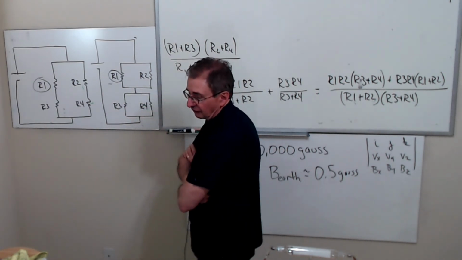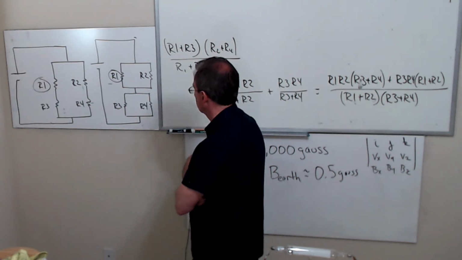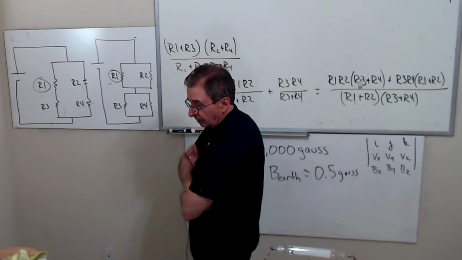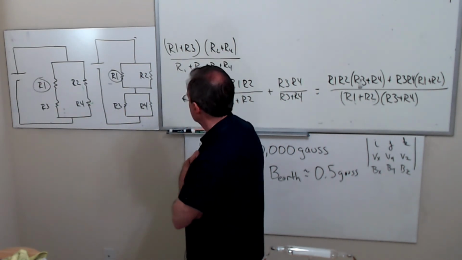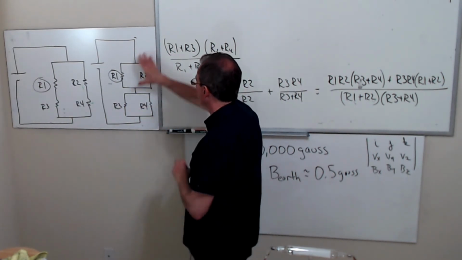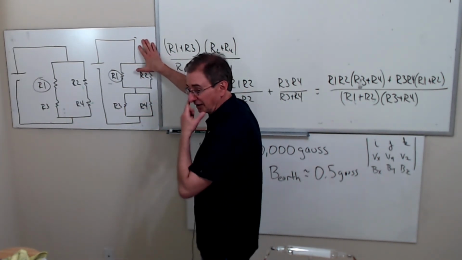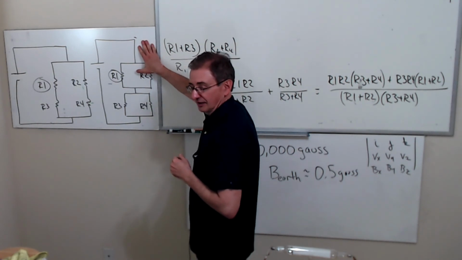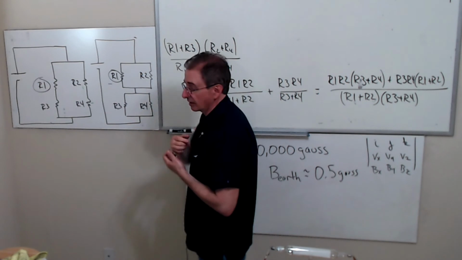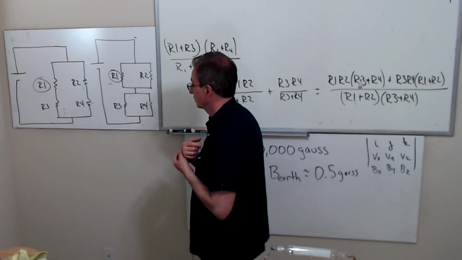Yeah, R2, because I forget the values. So R2 decreased. Okay. Because you have more current going through this circuit, right? I_OBS is bigger here than it is there. Okay.